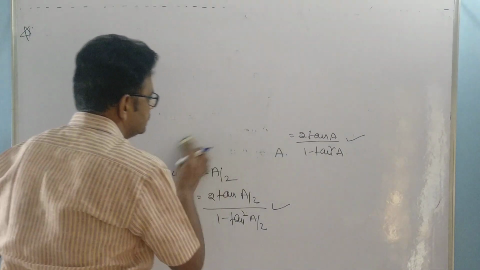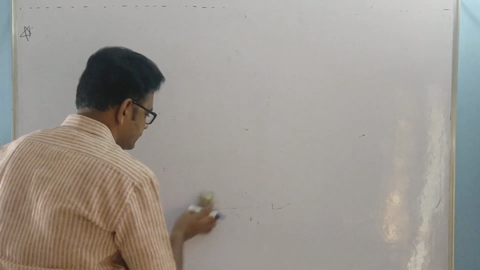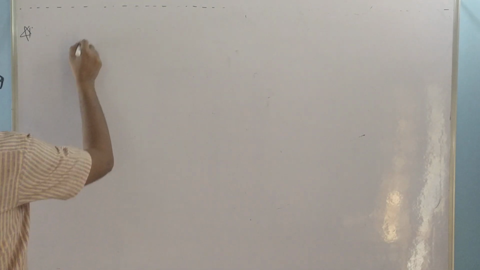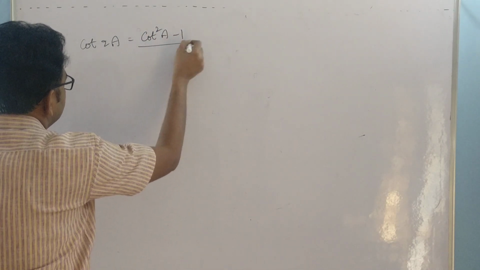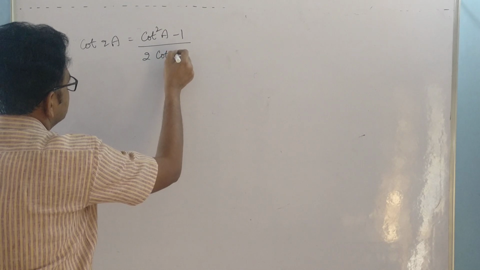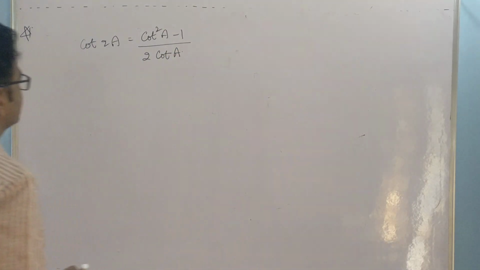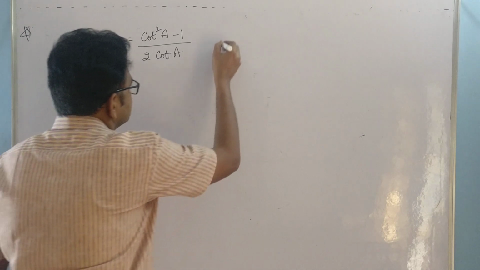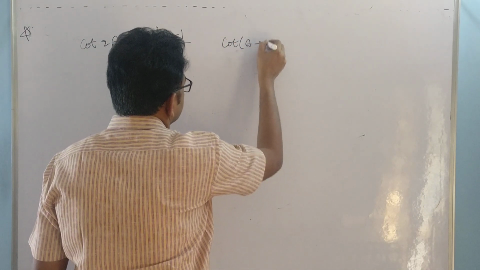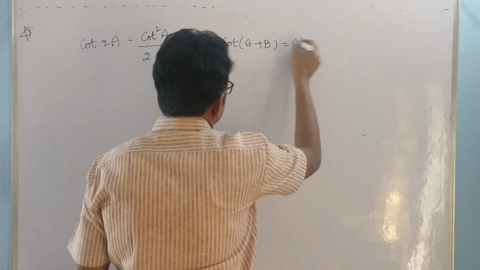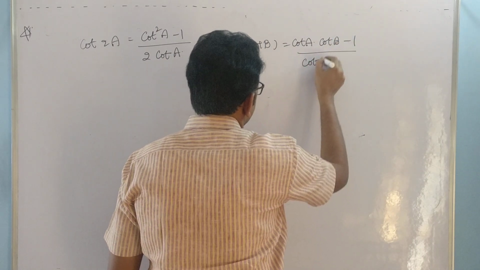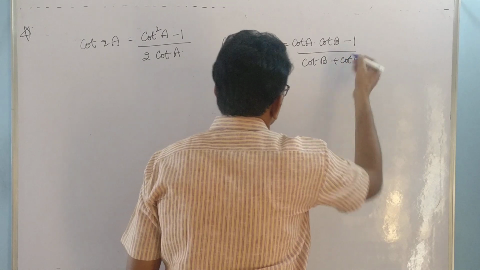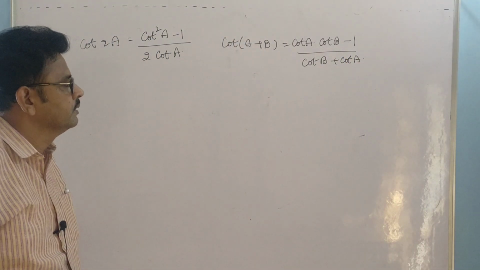Next one, cot 2A. Cot 2A is equal to cot square A minus 1 by 2 cot A. Cot 2A formula: we know the cot of A plus B formula is equal to cot A into cot B minus 1 by cot B plus cot A. So this is the cot of A plus B formula.